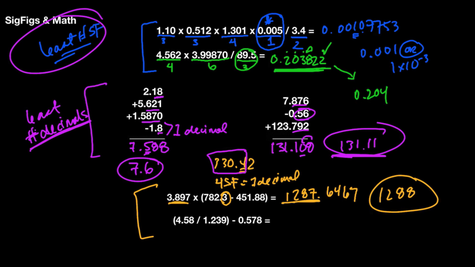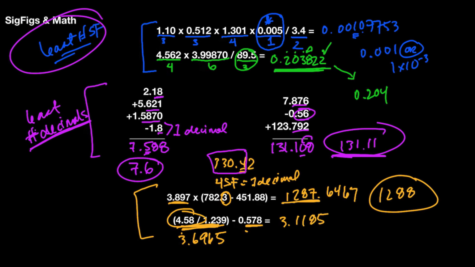Down here, we'll do the same analysis. We'll do this division step, where 3 is going to be my limiting number of sig figs, and then I'm going to subtract, and this is going to be 3 decimal places. So 3 decimal places versus 3 sig figs. Let's go ahead and do this. This intermediate value is 3.6965, etc. This final answer is 3.1185.